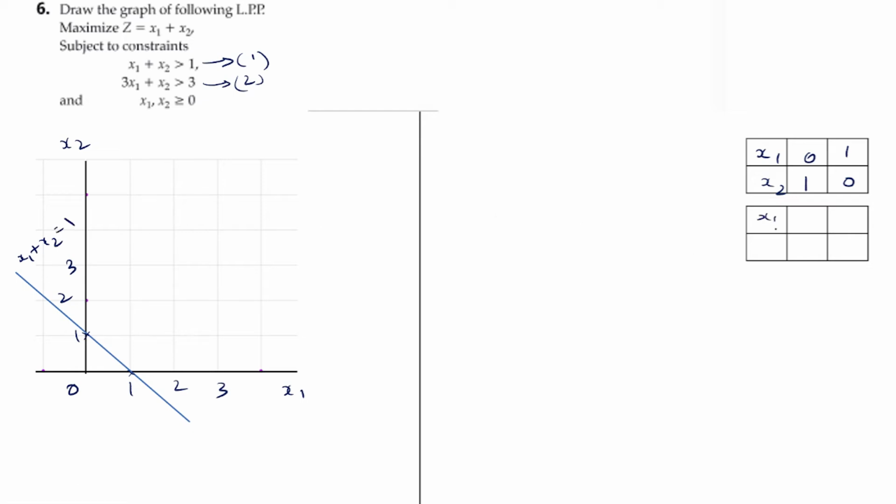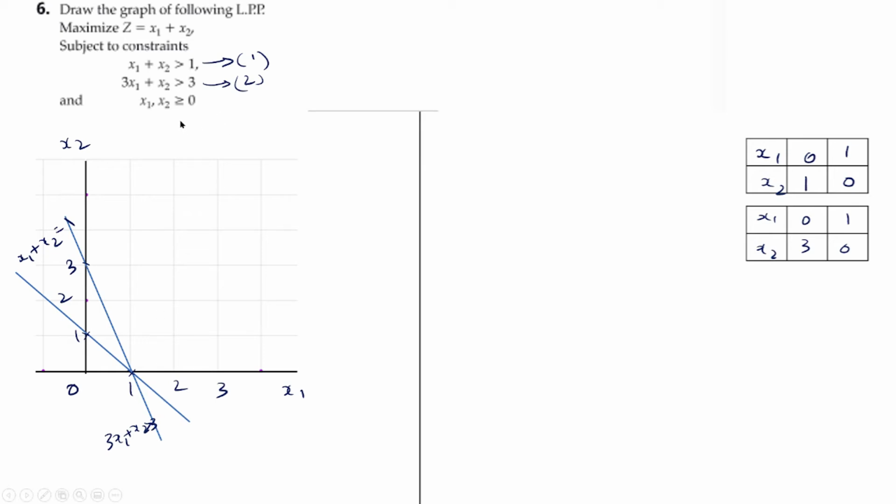Then for the second one, when x1 is 0, x2 is 3 and when x2 is 0, x1 is 1. So this is (0, 3) and this is (1, 0). The line joining these 2 points will give 3x1 plus x2 equal to 3.